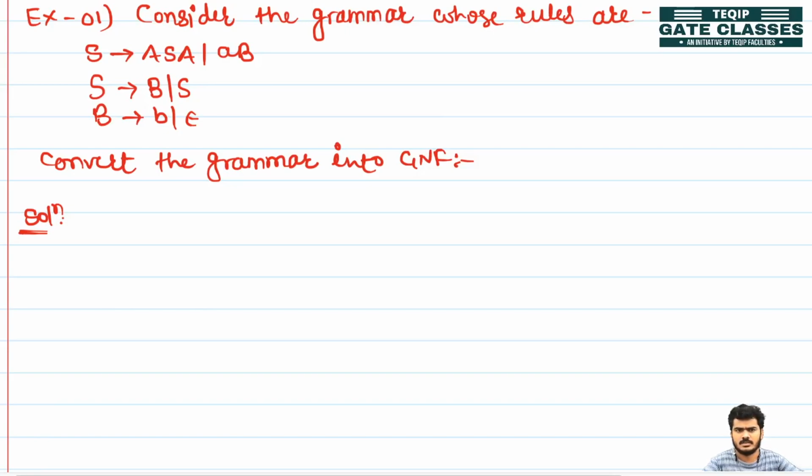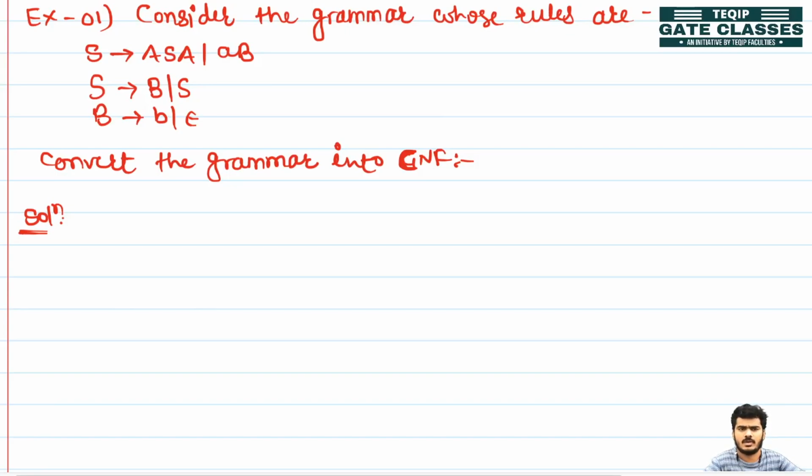The grammar has productions like S produces ASA or aB, then S produces B, and B produces b or epsilon.